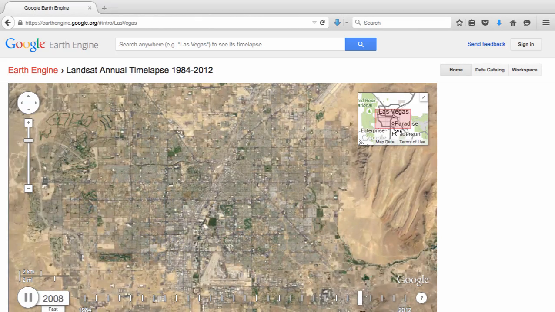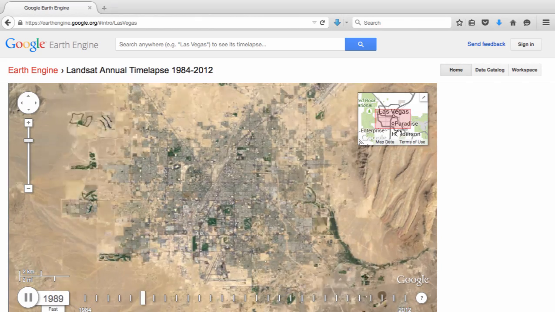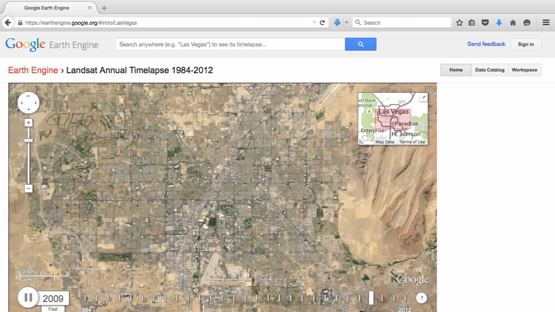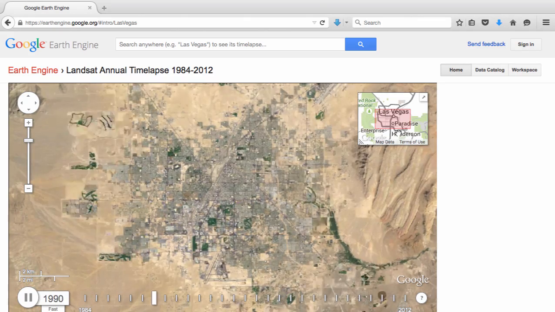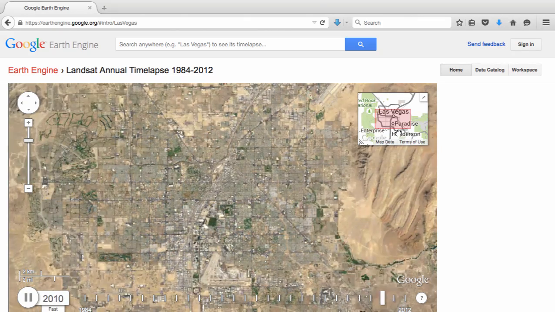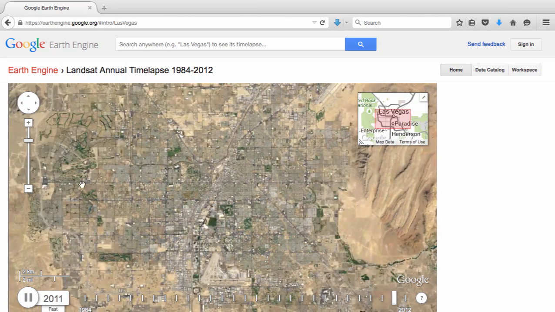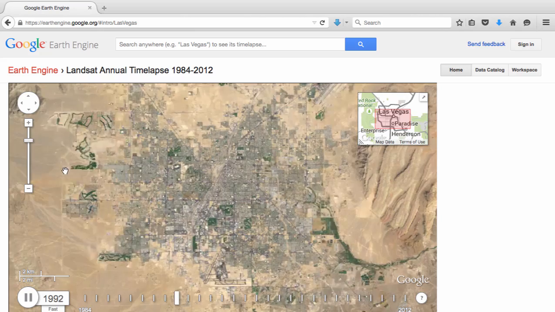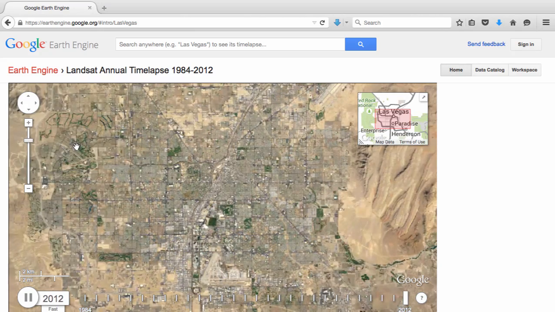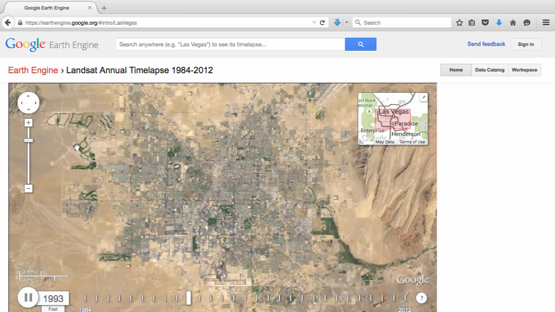Okay, so here's a relatively short period showing Las Vegas's growth over time. Now take careful note, not just of the huge amount of built-up area that appears relatively speaking, very quickly. But look at the green that comes along with it.